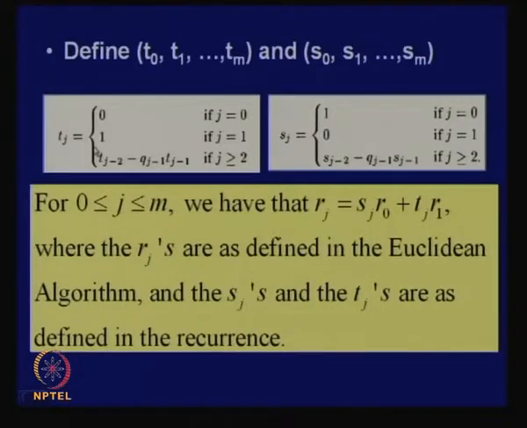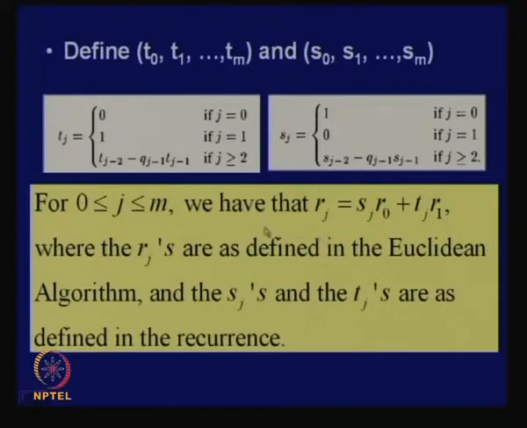1, okay. But for the rest of the j values, that is when j is greater than or equal to 2, Tj is defined like this and Sj is also defined like this. Tj is Tj minus 2 minus Qj minus 1 Tj minus 1, where Qj minus 1 is the same as that we got in the Euclidean algorithm, and Sj is equal to Sj minus 2 minus Qj minus 1 into Sj minus 1, okay.